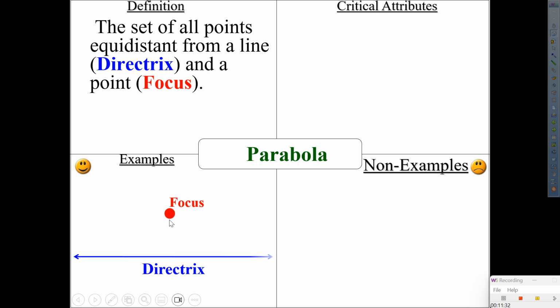However, halfway in between the focus and directrix, if I place a point right there, and I start putting more points that are the same distance away from the focus and directrix, it makes something like this. Once again, the focus is the same distance from the directrix from here to here, from here to here, from here to here. So copy that, please.